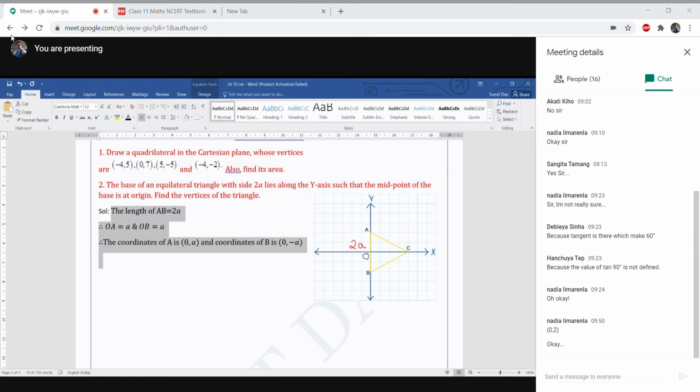Next is asking: find the vertices of the triangle. So A and B we got. How to find C?